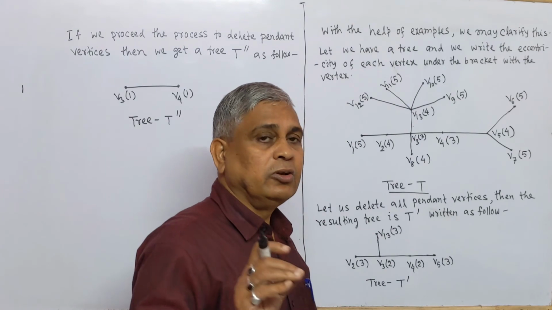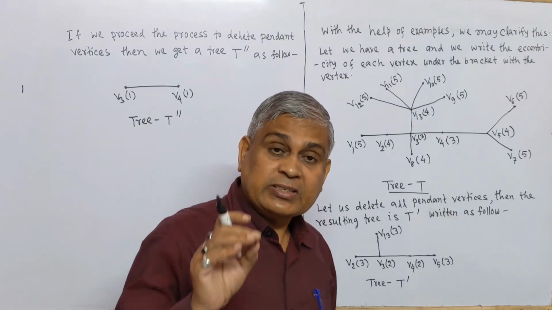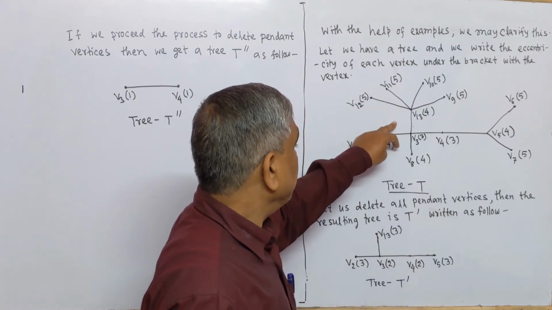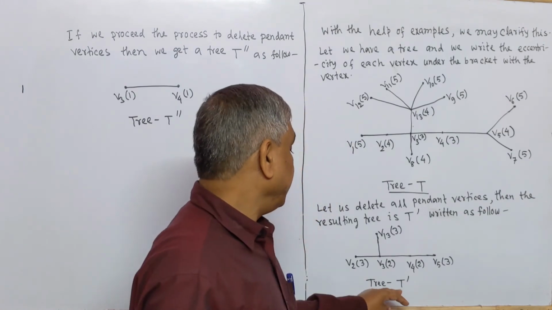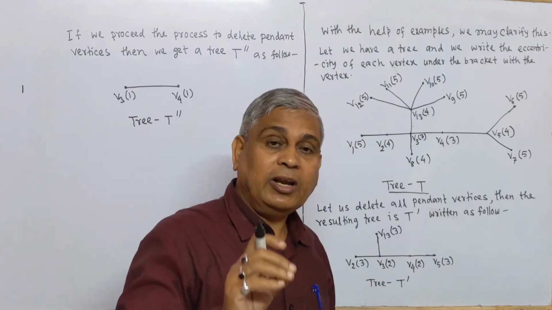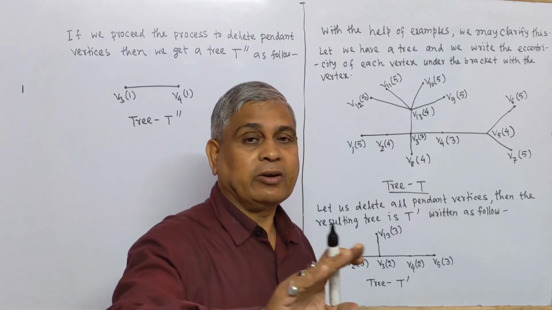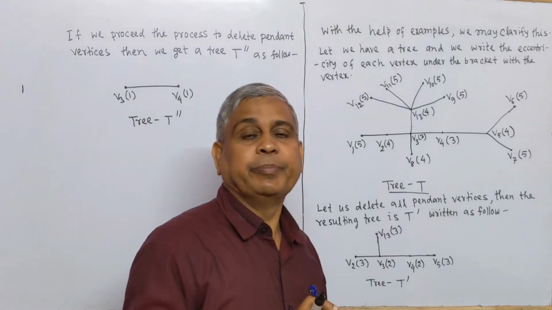Here 3. So in this process, center of tree T will be the same center in T prime. Only the value of eccentricity is reduced by 1, but no effect in the center. Center remains same.